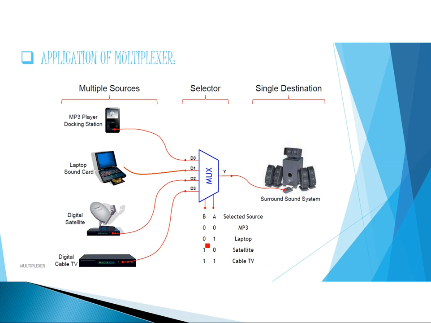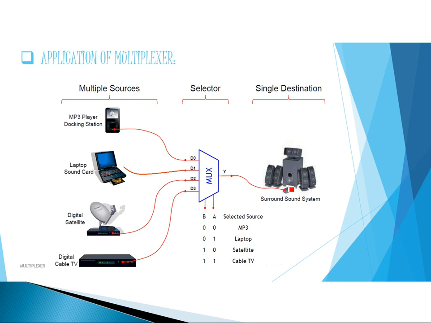And when A and B are 0, 1, that is B is 0, A is 1, the second input, that is D1, will be selected. D1 is connected to the laptop sound card, so this source will be accessed by the sound system. Same thing for 10, the digital satellite source will be selected. For 11, cable TV will be selected.